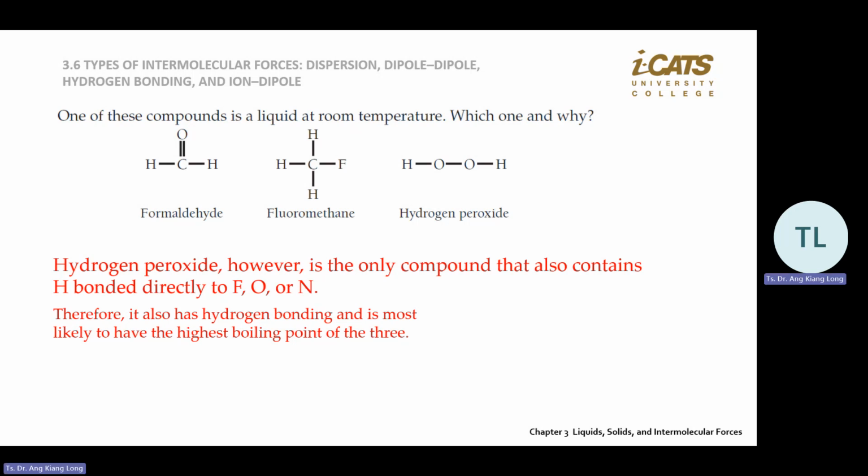This one you look at boiling point. It asks you whether it's liquid at room temperature. The state of that particular element at room temperature is linked with the boiling point. The higher the boiling point, the higher the possibility it is a liquid.